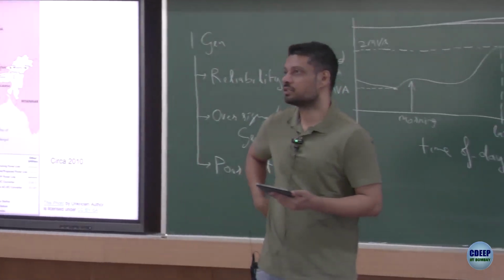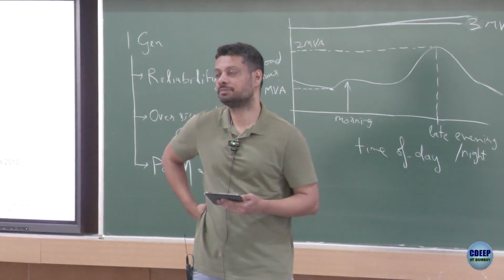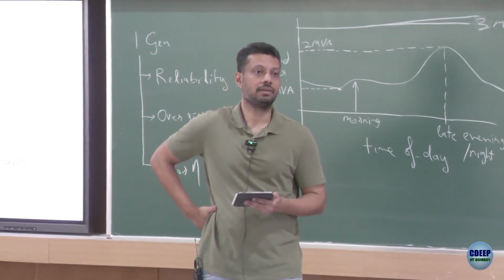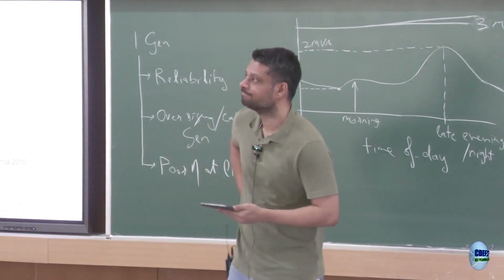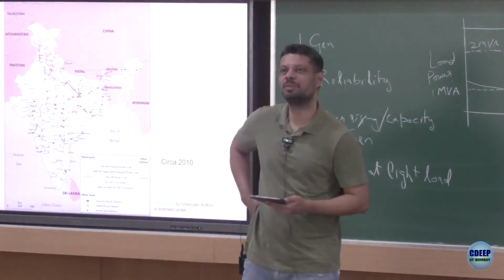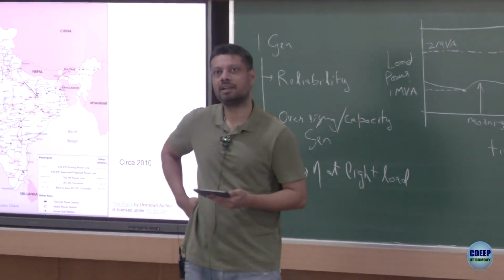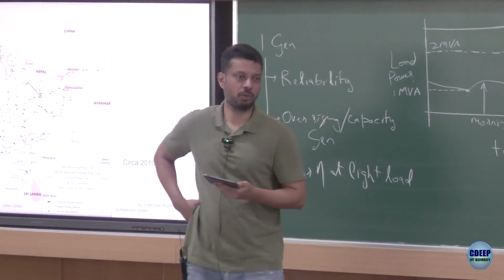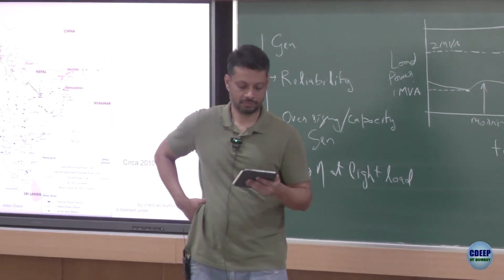Just to give you a context of how much is 3 megawatt: a typical house would, let's say, be about 10 kilowatt or 10 kVA.